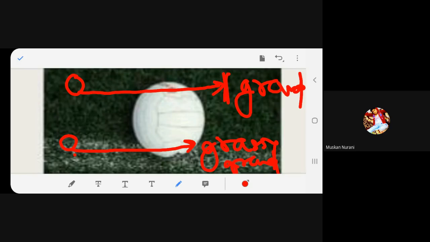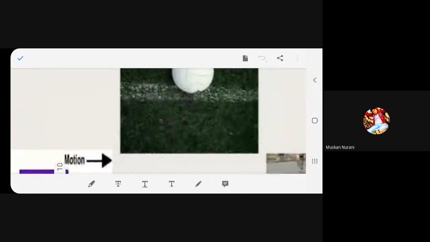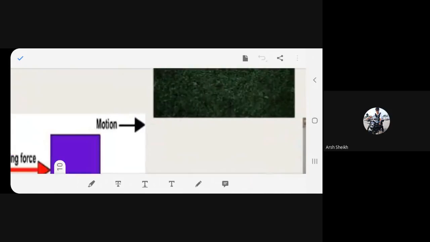The ball keeps on rolling. Yes, because of less friction. Whereas on the grassy ground, the friction is more, so it will come to a stop very fast. You understand now? This is what I wanted you to tell me. All of you understood this activity?